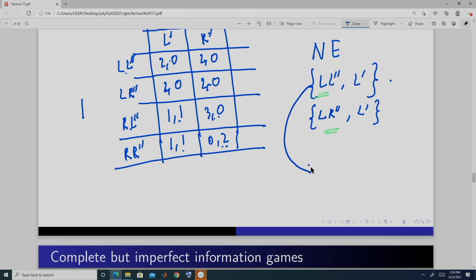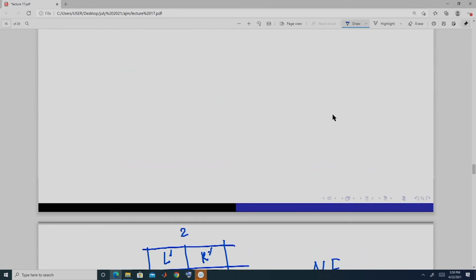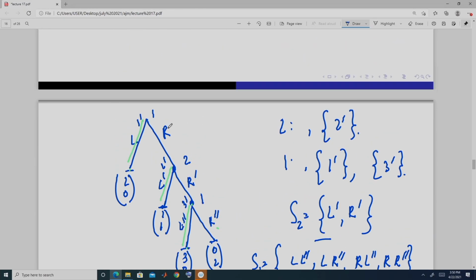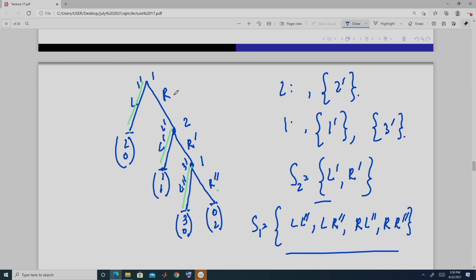So, you can say this is the SPNE, subgame perfect Nash equilibrium. This is not, because here L double dash is not credible enough. If you play this action and player 2 plays this action, I will be here, player 1 is going to be again here, then it is not going to play this, because this is not credible, because 3 is always greater than 0.